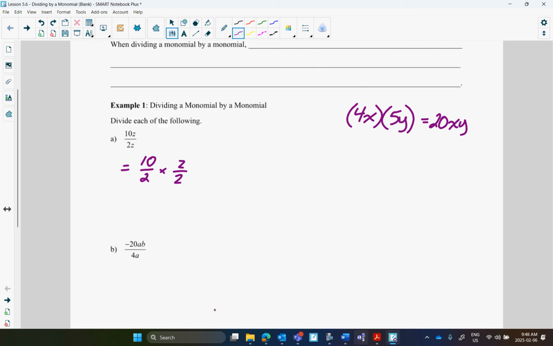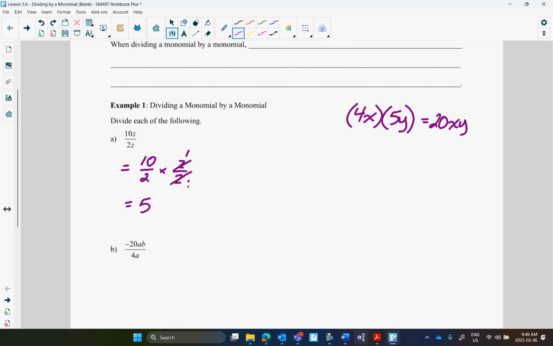10z over 2z is the same as 10 over 2 times z over z. Well, 10 divided by 2 is 5. And z divided by z. Not 0. z minus z is 0. What's anything divided by itself? 1. Right?